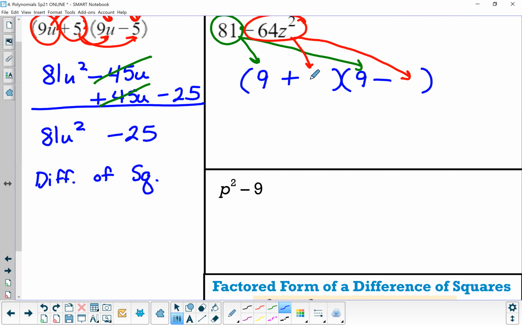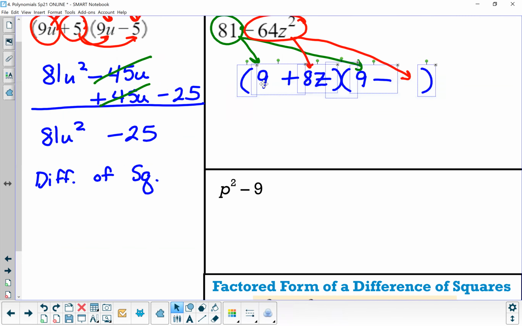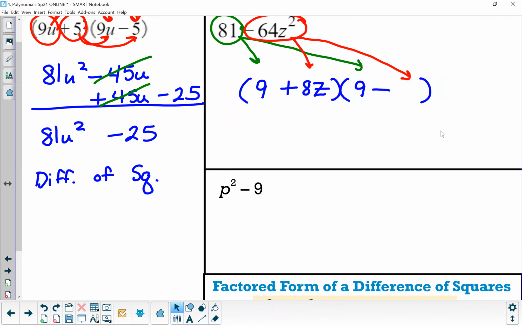Again, that's going to be 8z and 8z. And that's it. Right, I'm taking the square root of 81 and I get 9 and 9. The square root of 64 is 8 and 8. The square root of z squared is z and z. That's how I get that.